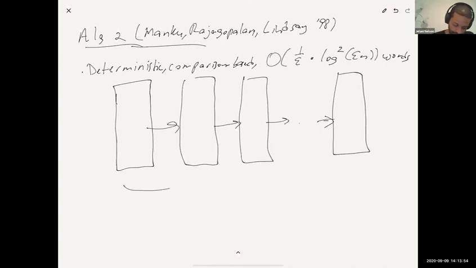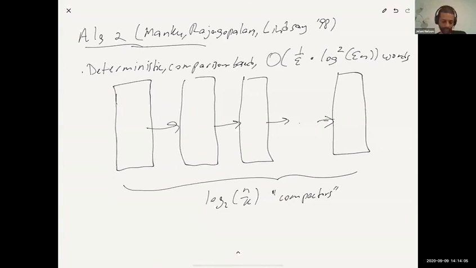Here it has log base 2 of n over k compactors, where the size of a compactor is k. A compactor just stores a subset of items, up to k items. Let's number these compactors 0, 1, 2, up to log of n over k minus 1.